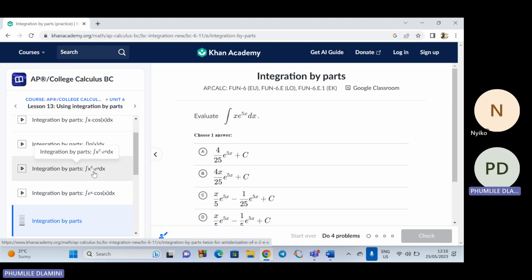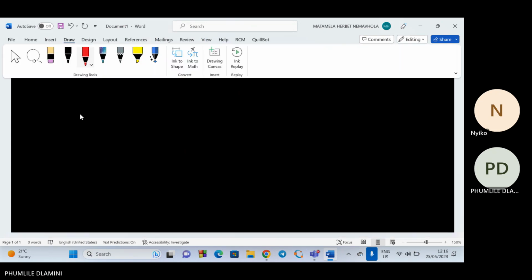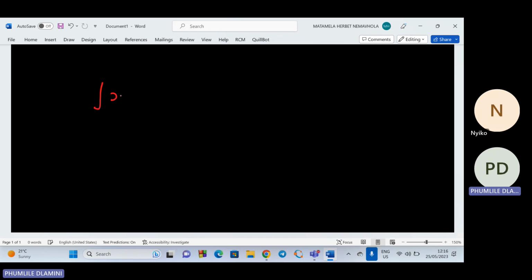There is this one here, which is integration by parts: x squared e to the power x. So let's try to do x squared e to the power x. The integral of x squared e to the power x dx.